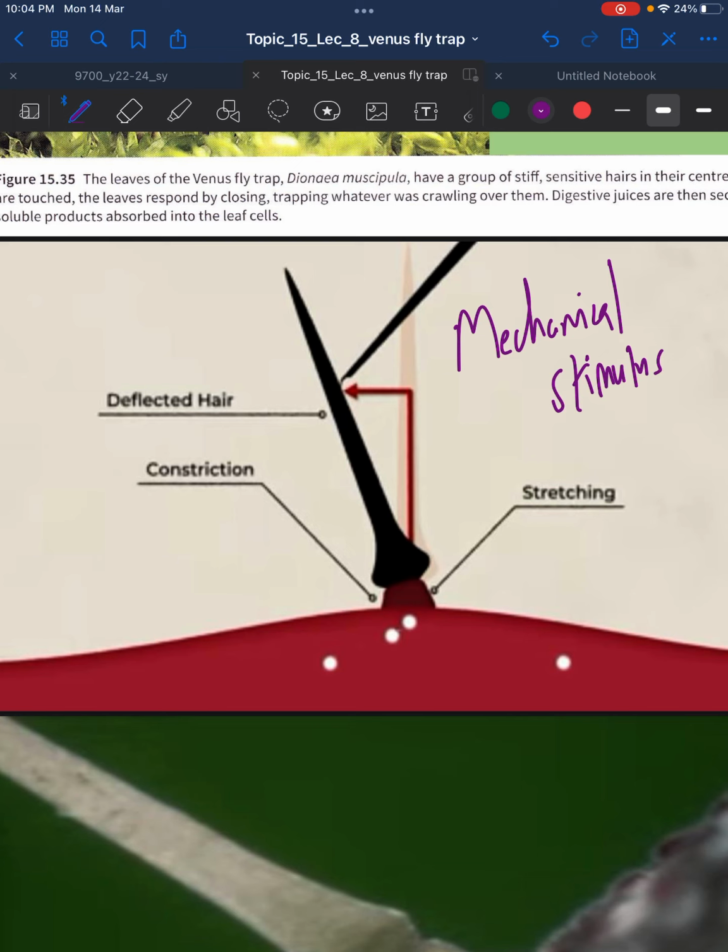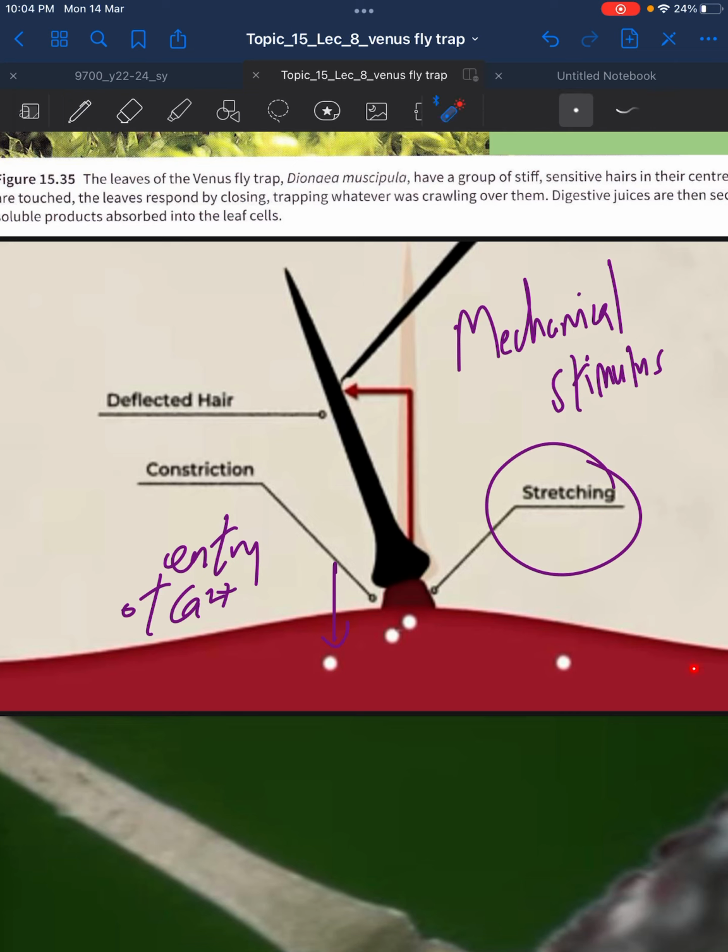Because it is deflected and stretching occurs, it's a mechanical stimulus, and that causes the entry of calcium. That means the calcium channels in all of the cell membrane here will open, and that will allow the calcium to enter, and that is when the action potential occurs.